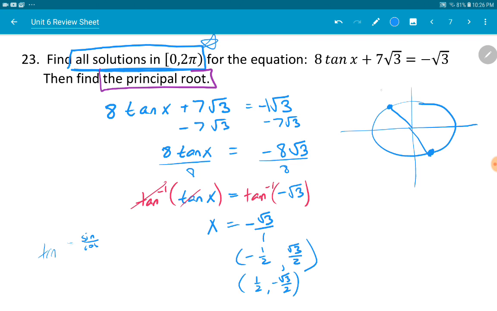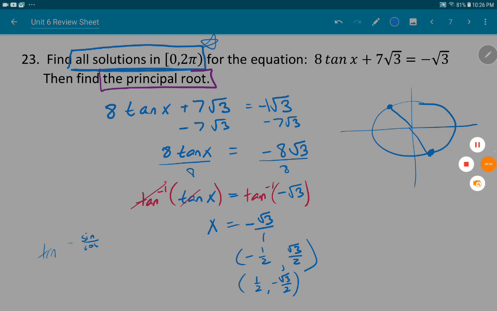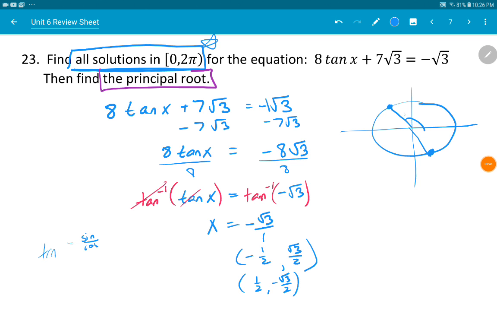So let's see, this one is 2 pi over 3, and this one is 5 pi over 3.